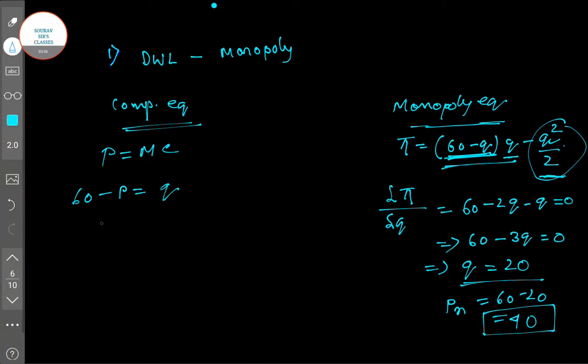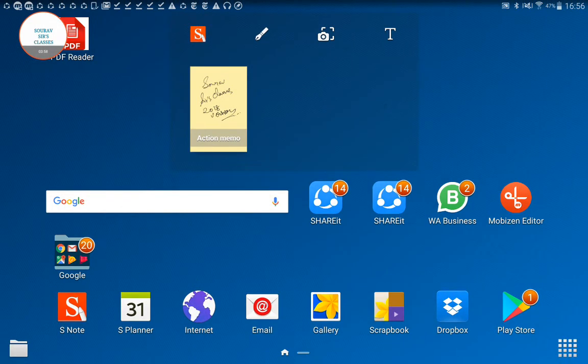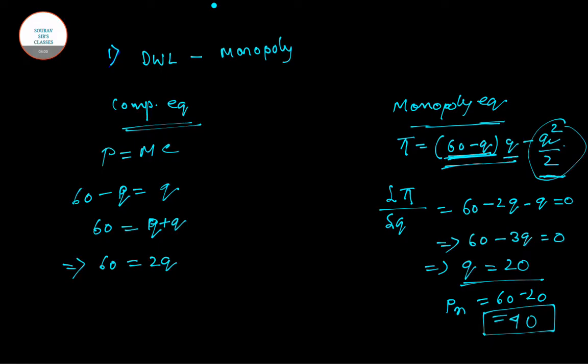So the marginal cost will be Q, and setting price equal to MC, 60 minus Q equals Q. So it is basically 2Q equals 60. Now from here you can find the value of QE to be equal to 30.